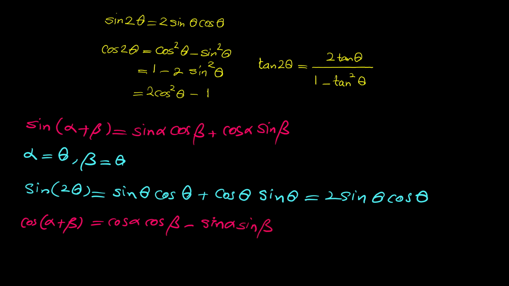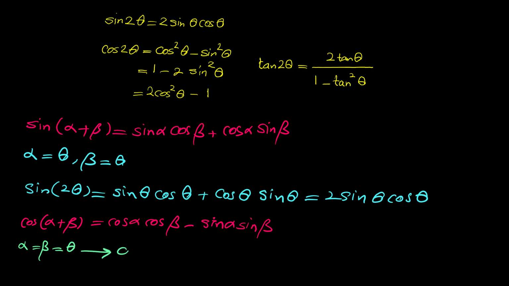Now, similar to the previous part, if we suppose alpha and beta equal theta, then we can derive the formula. So we suppose alpha equal to beta equal to theta. We suppose both of them equal to theta.